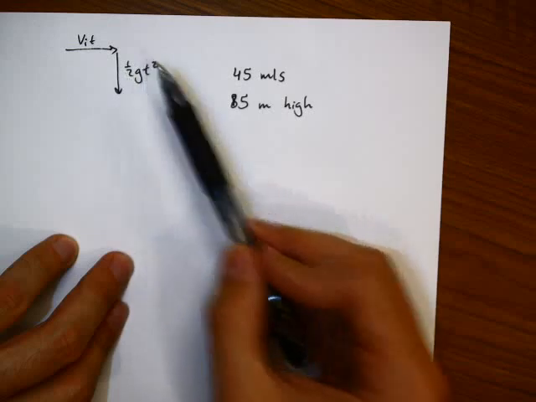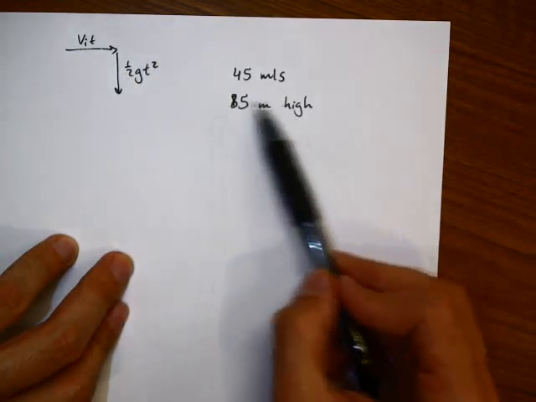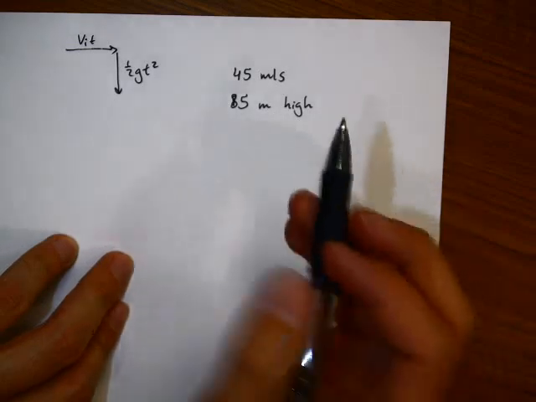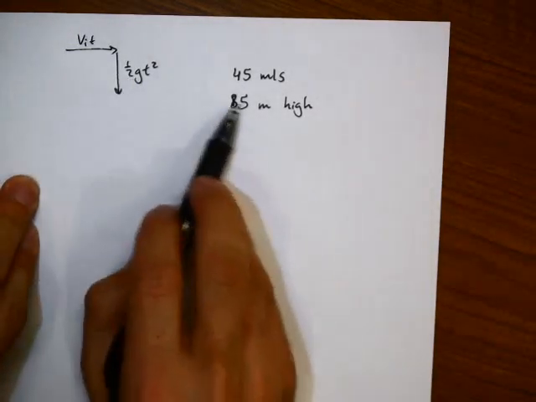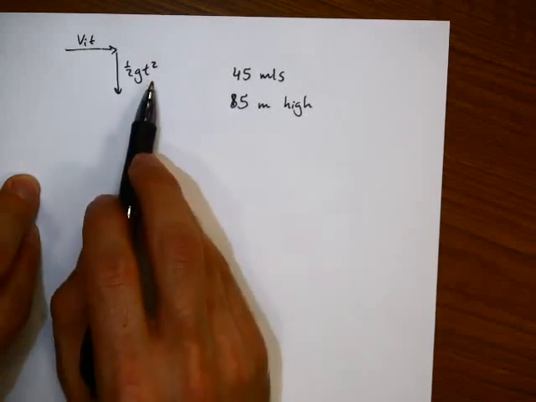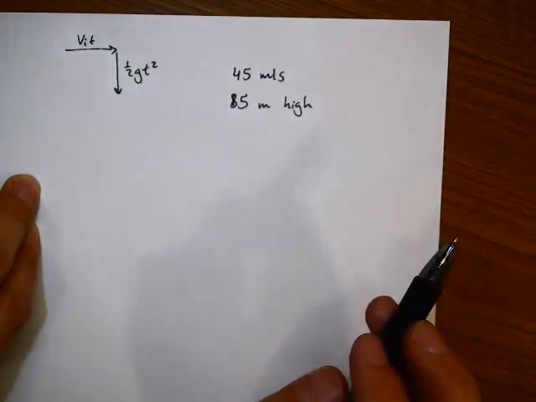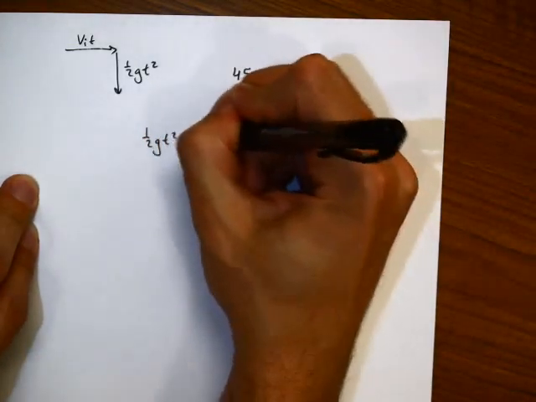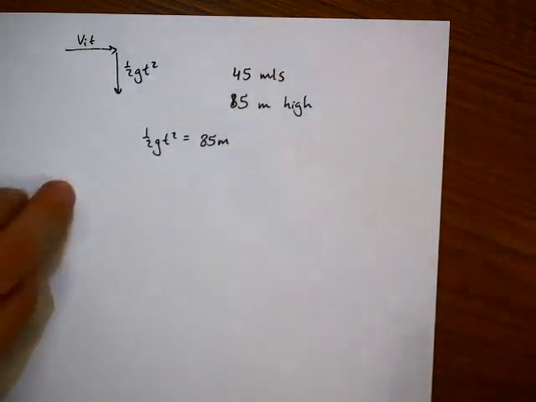And when the distance fallen equals 85 meters, the height of the cliff, the object lands or crashes. Okay, so we can just set 1/2 GT squared equal to 85 and solve for t to figure out the time it takes to fall 85 meters. So 1/2 GT squared equals 85 meters.